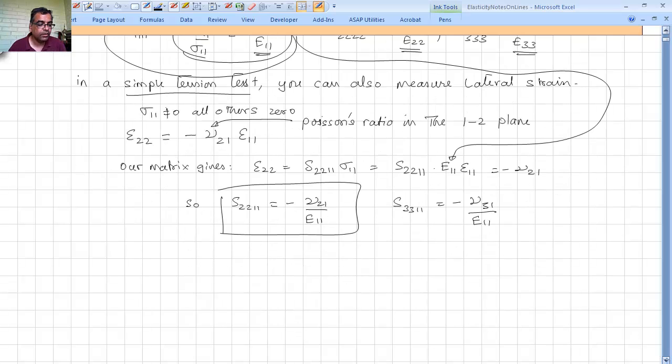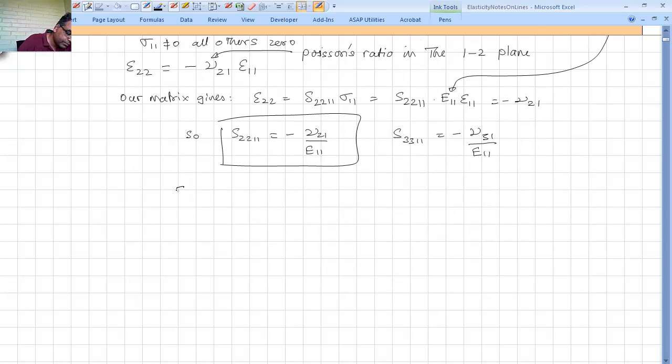So we can start filling out this matrix in a slightly different way. So this term was 1 over E11. This term is minus nu 21 over E11. The next term is minus nu 31 over E11. These three terms here will be discussed separately.